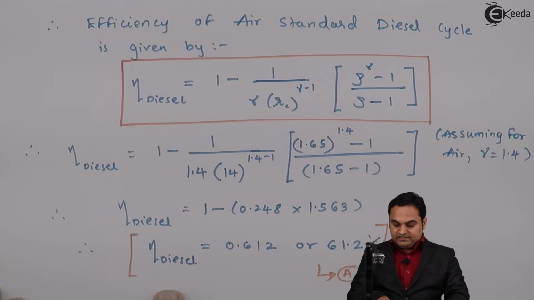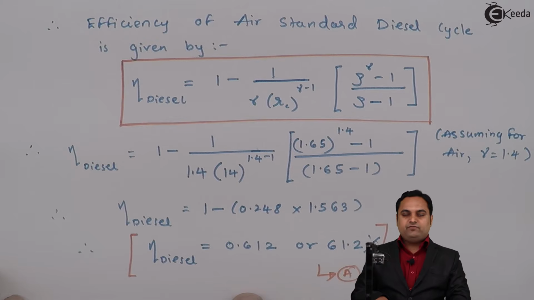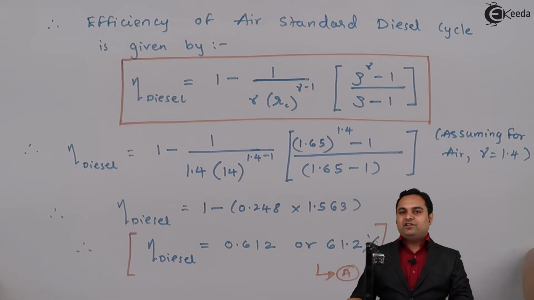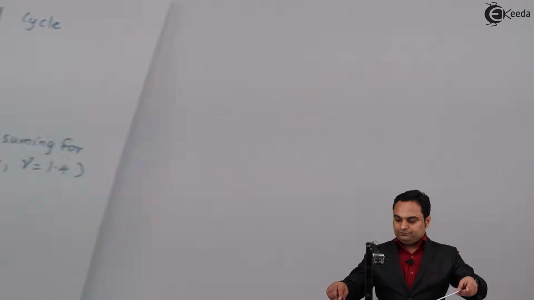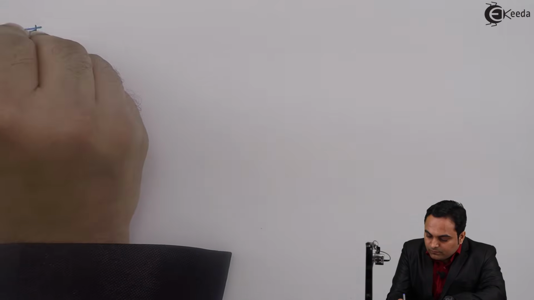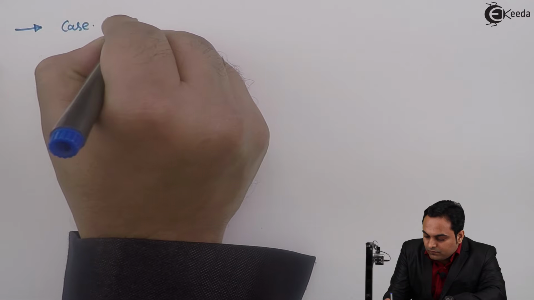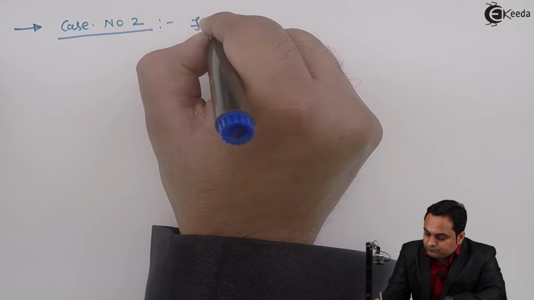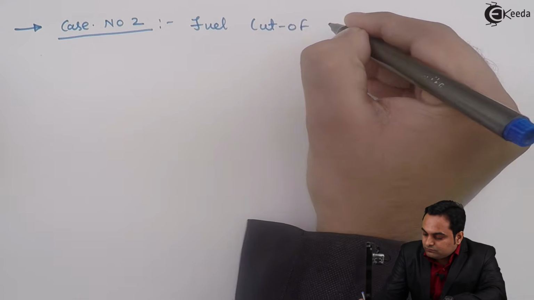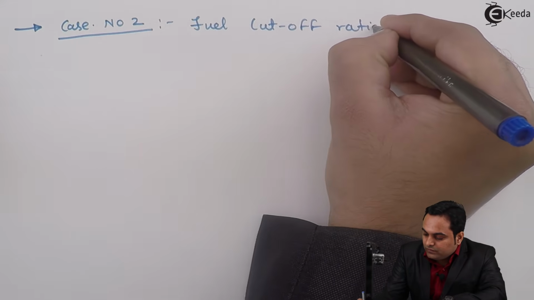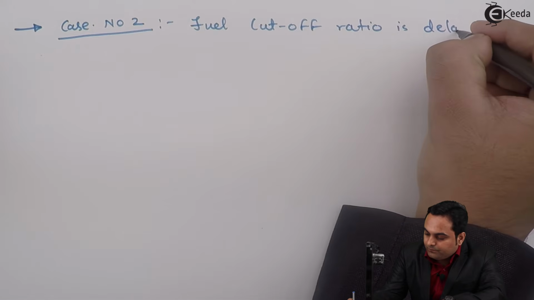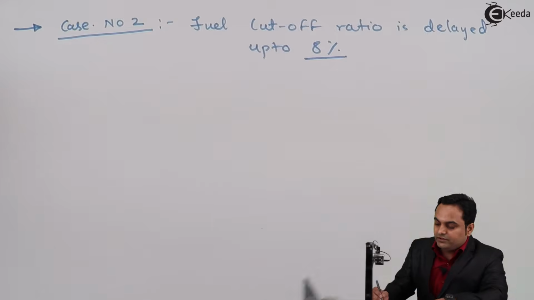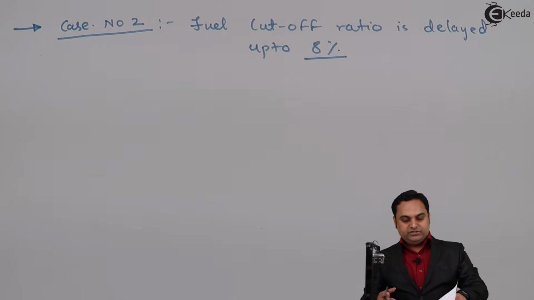So now for case number 1, that is fuel cutoff ratio is 5%, we are getting efficiency of diesel cycle as 61.2%. Now I'll use the case number 2. So case number 2, that is fuel cutoff ratio is delayed up to 8%. That is, we have to take the fuel cutoff ratio as 8%, which is the second case.